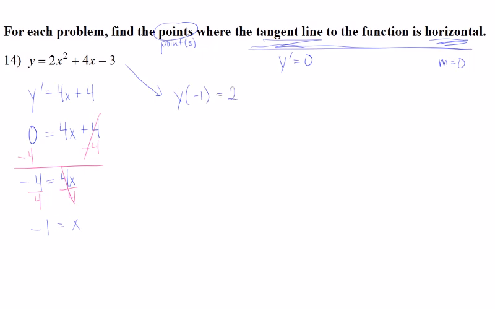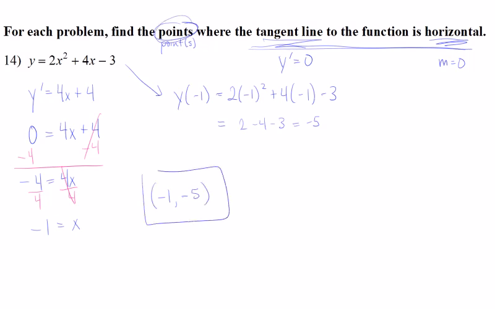So I'm just going to do 2 times negative 1 squared plus 4 times negative 1 minus 3 to get the output, to get the y value. So that becomes 2 minus 4 minus 3, which will be negative 5, right? So when our input is negative 1, our output is negative 5. So that's our coordinate point. That's the point where the tangent line of the function is horizontal.